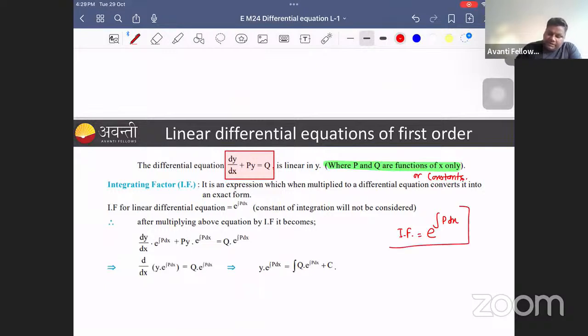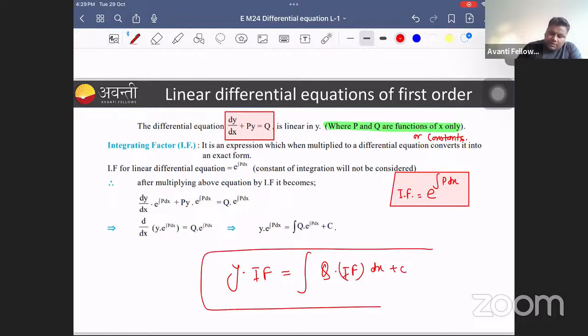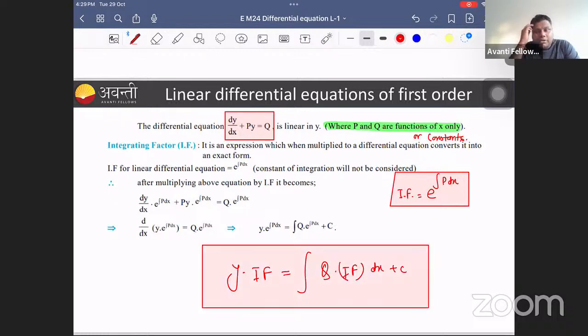After calculating this, the solution will be y times the integrating factor equals integration of Q times the integrating factor dx, plus a constant. This will be the solution of these kinds of linear differential equations. There is a reason behind why it is so, but if we go into too much depth, it will be a little risky for you guys. So let's not dig in too much. Just simply understand how to solve a linear differential equation.